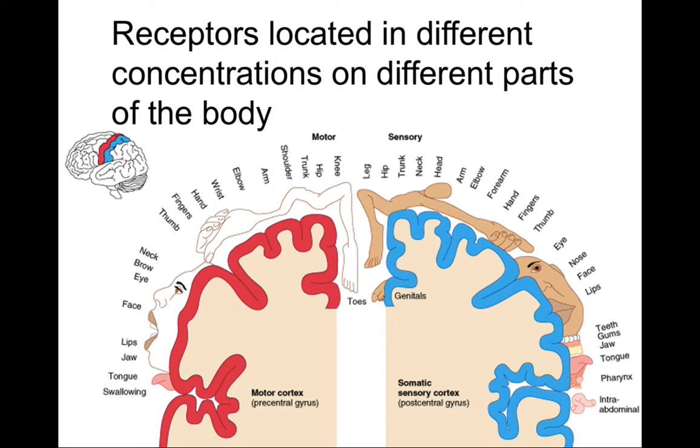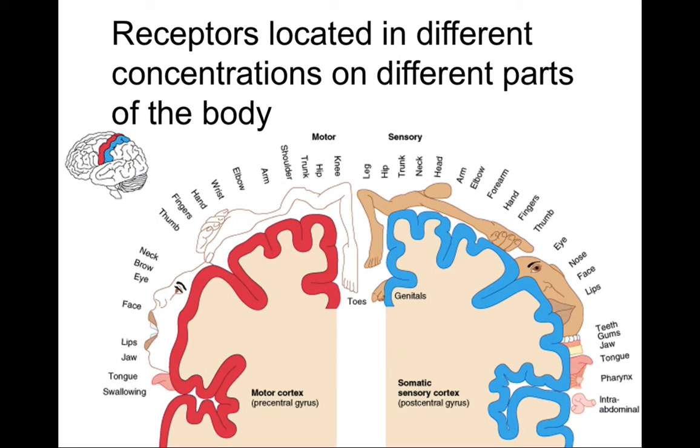What this means is that not every area of the body is saturated with the same amount of receptors. Certain areas are going to have more receptors, and that will allow us to use those particular body parts for more fine movements. That's why we see with both of these cortices, the hand and the face taking up the majority of the brain's surface area.